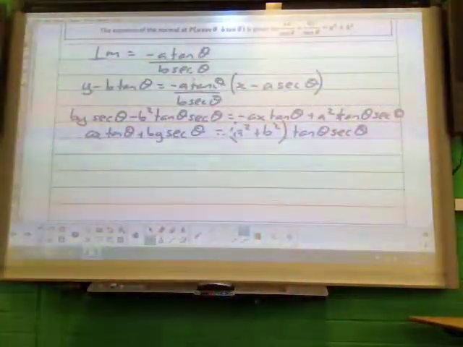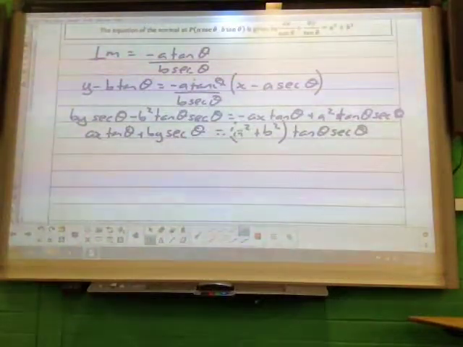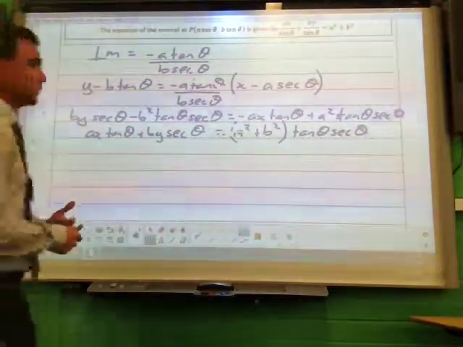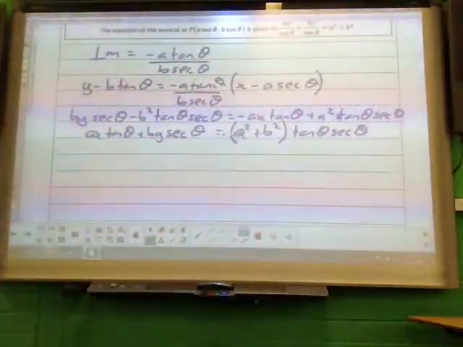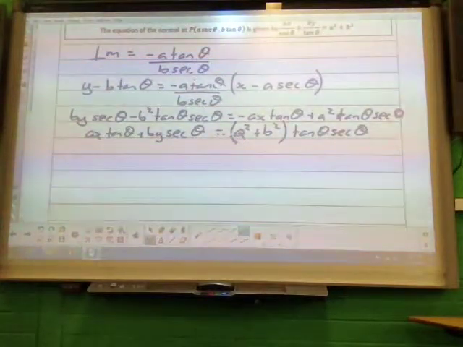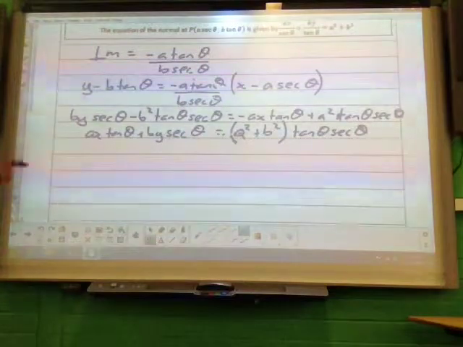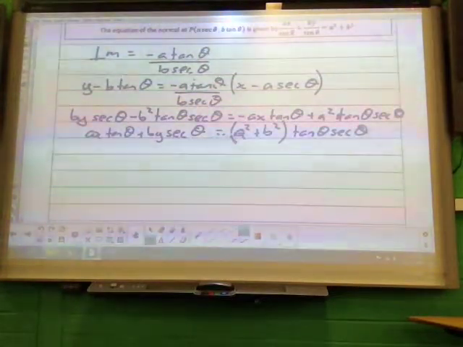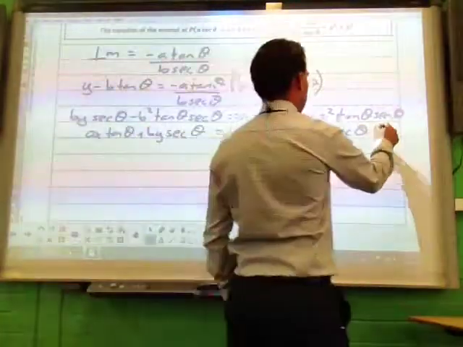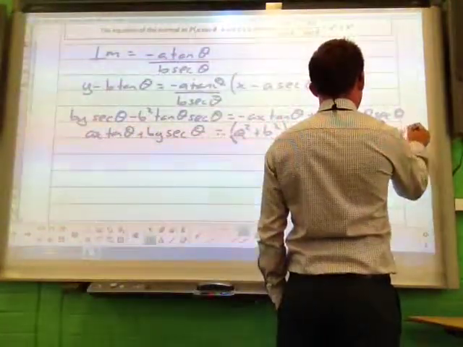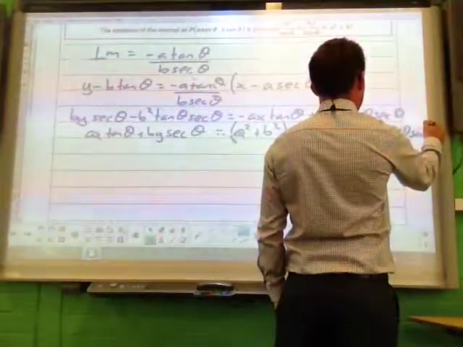Alright, so observing again, I've got the common factor of tan theta sec theta. I'm factorising A squared and B squared out. Because I've got A squared plus B squared on the right hand side, I'm going to divide everything by tan theta sec theta.